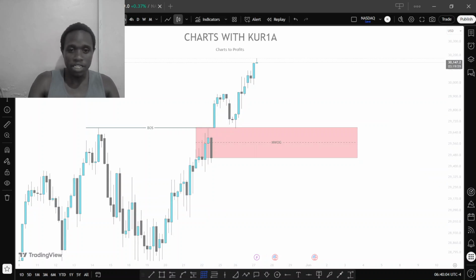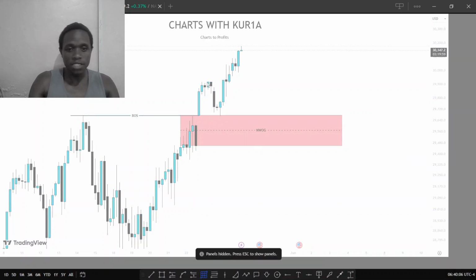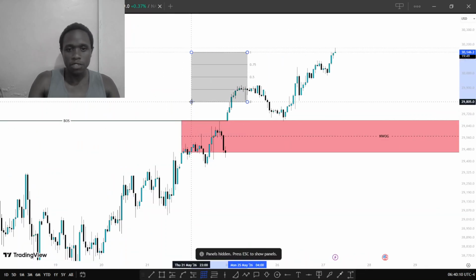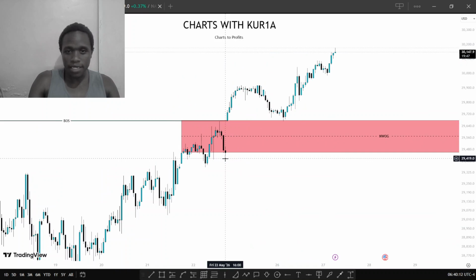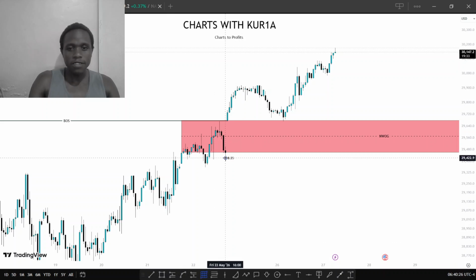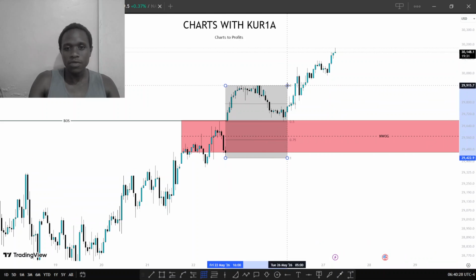If you measure this, this is an intermediate low and a high. If you measure from this low to that high using the fib box, you will notice that that was the equilibrium of that range.